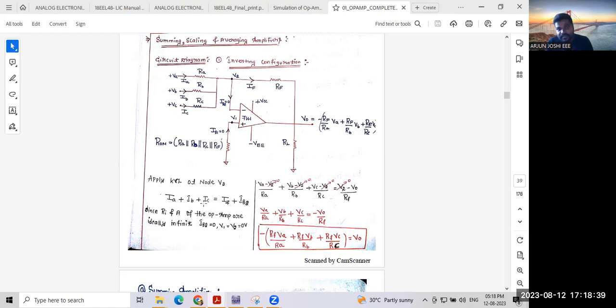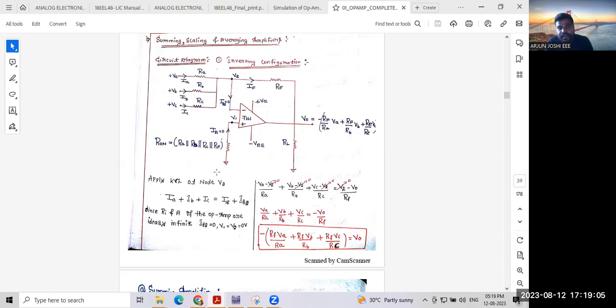What is the equation remaining here? IA plus IB plus IC equals IF. For IA we need to consider Ohm's law, which is V by R. For IA, the voltage is the difference voltage VA minus V2, so VA minus V2 divided by RA.